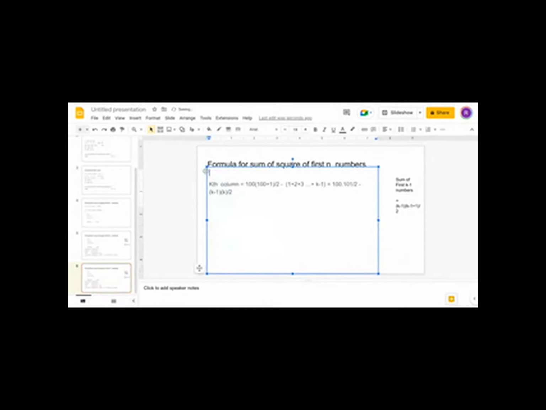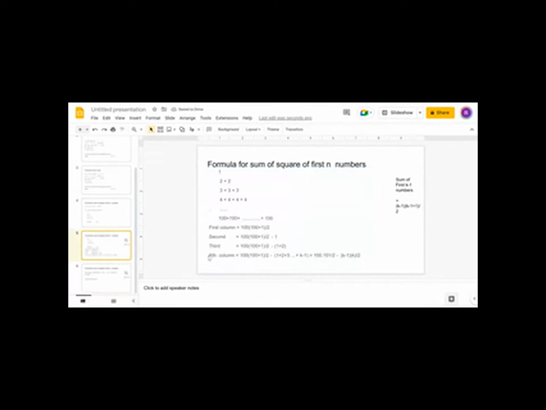This is the general formula for the kth column, and now I have to add up all the columns.